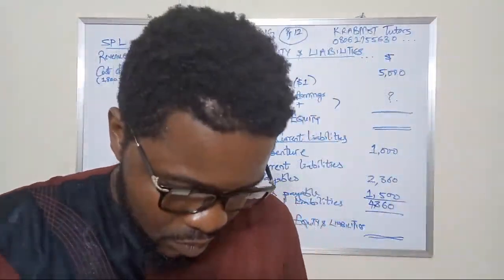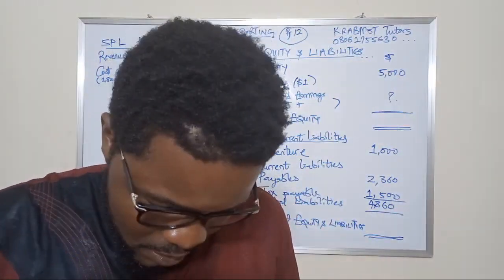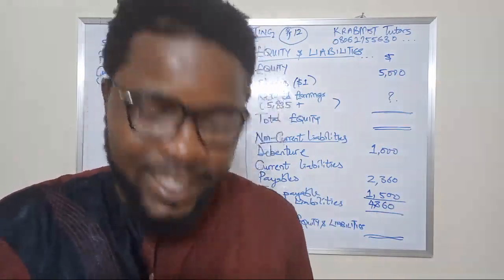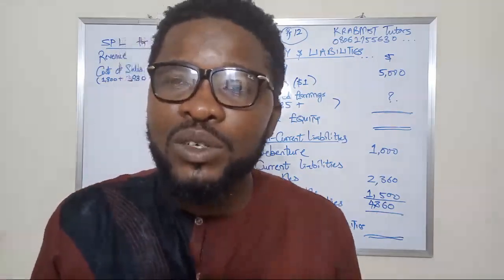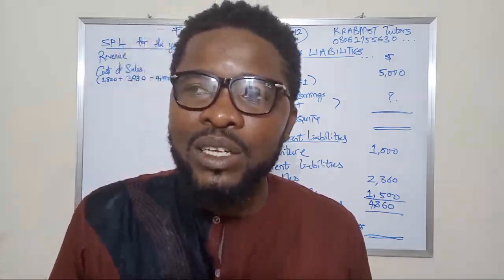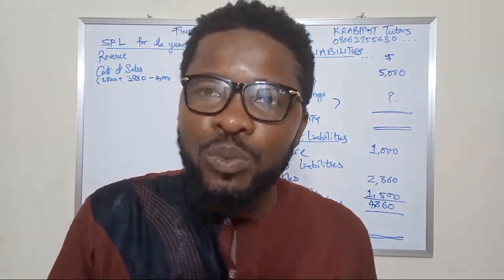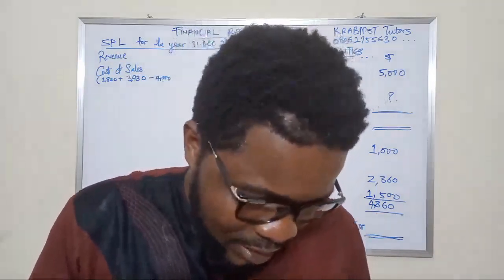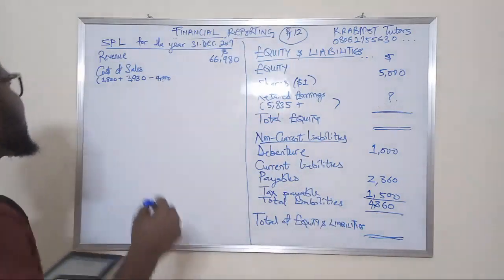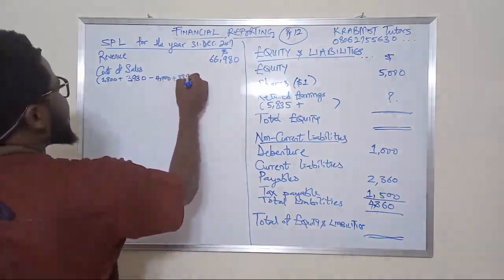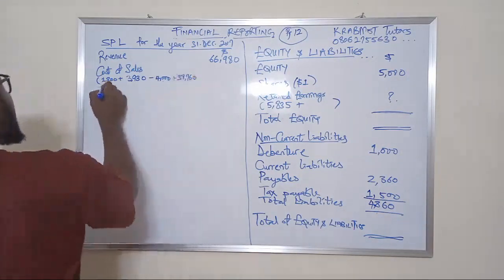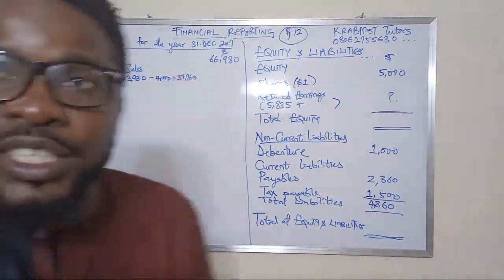Okay, going down, what do we have again? Purchases. After inventory, we have purchases. That's part of cost of sales. Remember when you are selling goods, your cost of sales is what you bought it at. So purchases is 38,760. So plus 38,760. And you tick it.